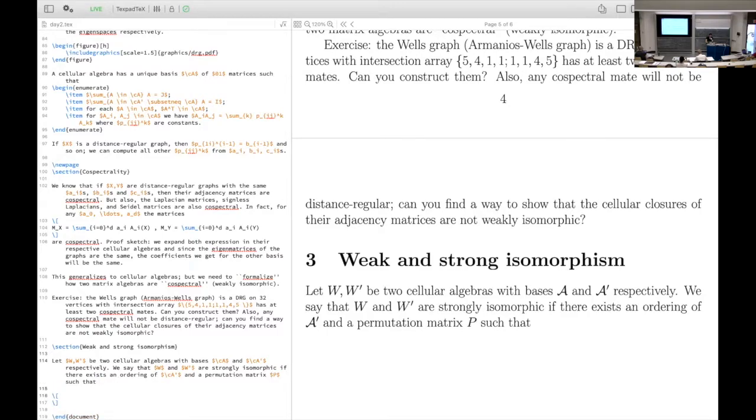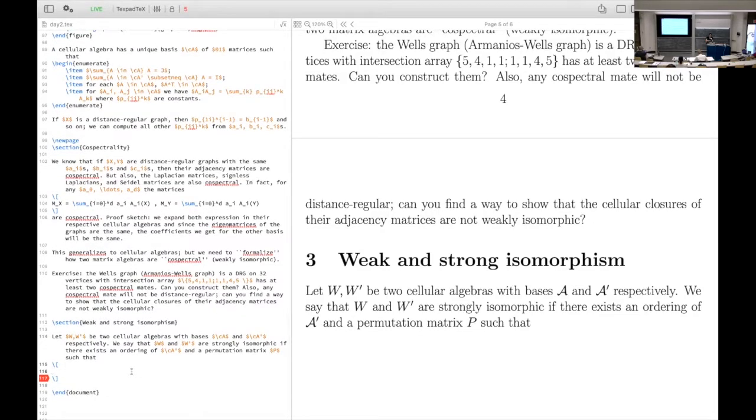There's an ordering of the second thing such that when I reorder it with this ordering, I can just send AI to AI prime with this matrix P as a permutation.